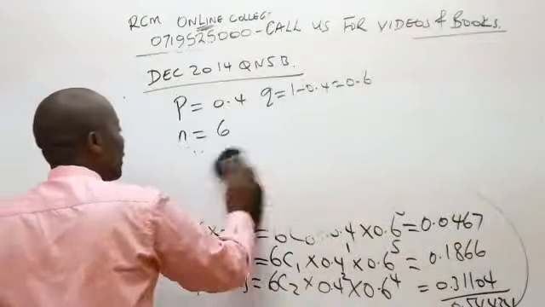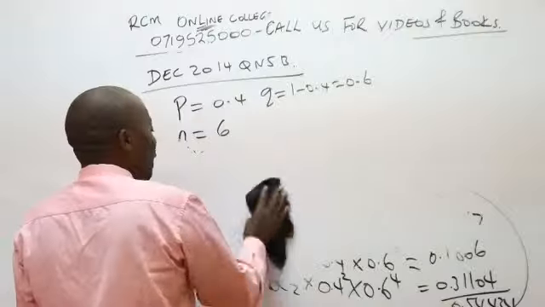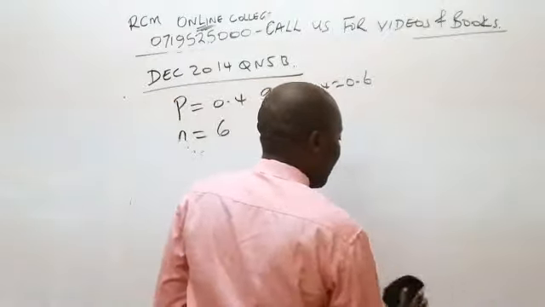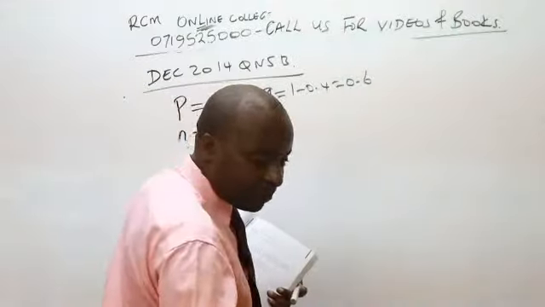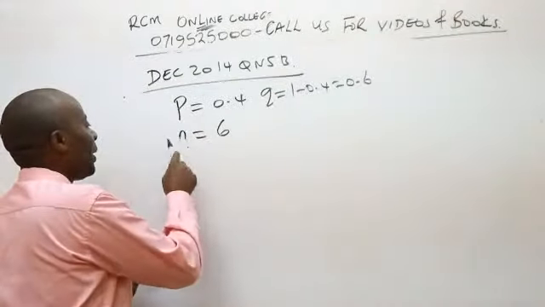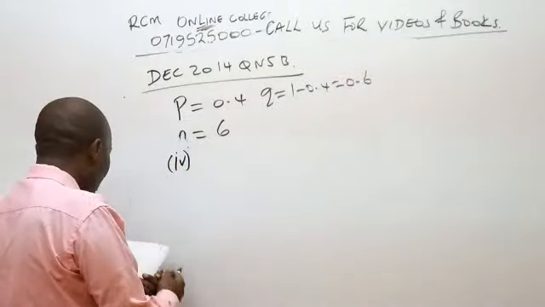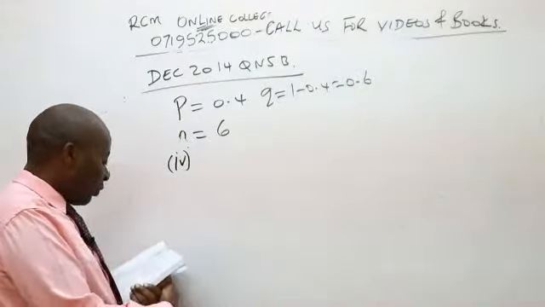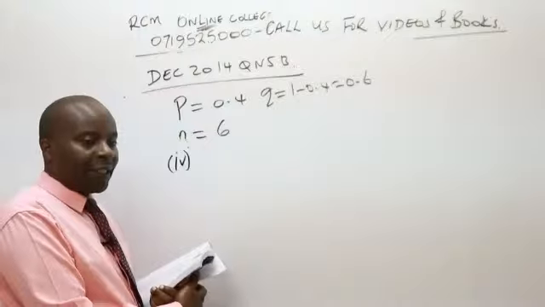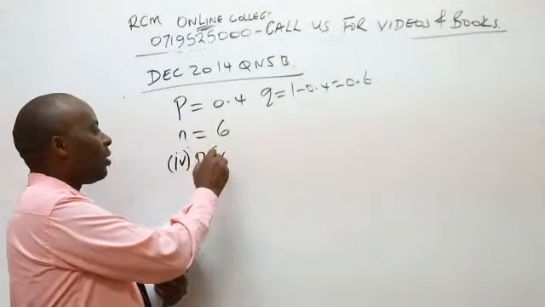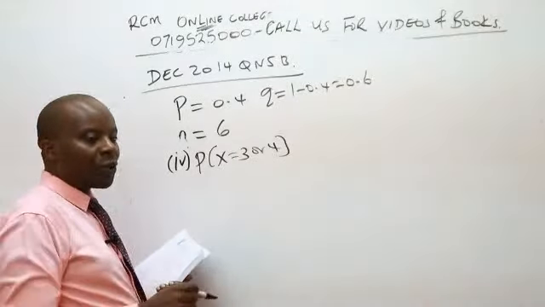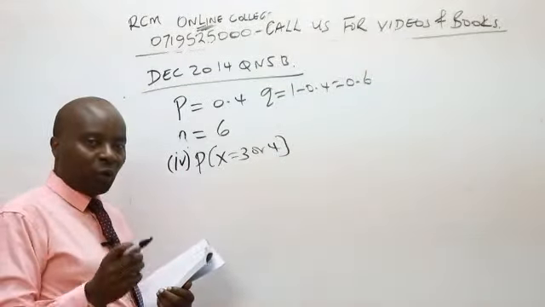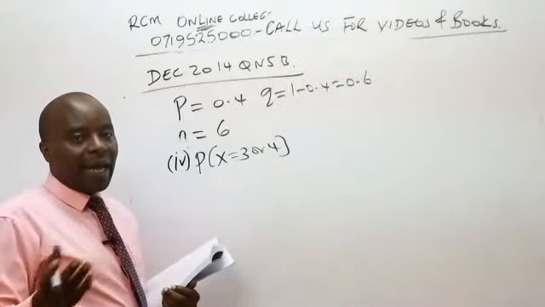The last one, ladies and gentlemen, what do they want us to do for the last one? It is quite a simple thing. The last one, which is Roman 4, they want me to give them the probability of 3 or 4 households being affected. So probability of X being equal to 3 or 4. Not a problem. These are very easy. I'll handle them separately and then add them up.